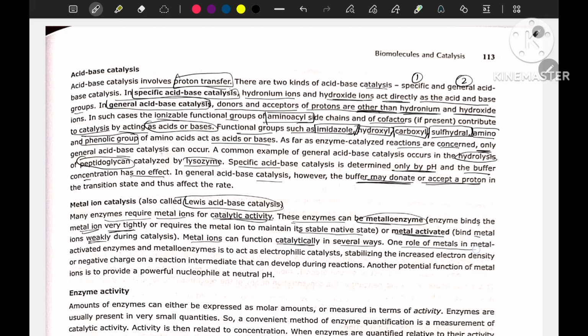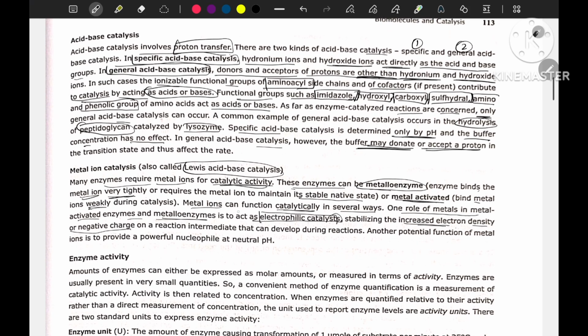One role of metals in metal-activated enzymes and metalloenzymes is to act as electrophilic catalysts, stabilizing the increased electron density or negative charge on a reaction intermediate that can develop during the reaction. Another potential function of metal ions is to provide a powerful nucleophile at a neutral pH.